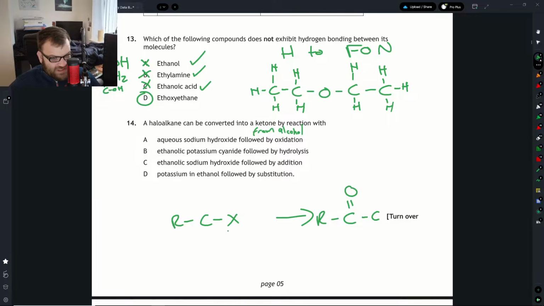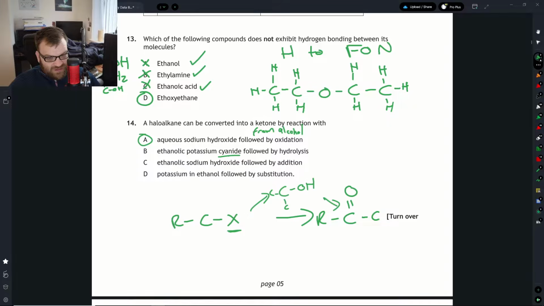So we need to take our X, which would be our halogen, chlorine, bromine, whatever it might be, and turn that into an alcohol group. It would need to be a secondary alcohol, like that, and then that could be oxidized into your ketone. The first one's looking good because the sodium hydroxide would provide the hydroxyl group, and that could then be oxidized into your ketone. I'm going to end up starting with that one.